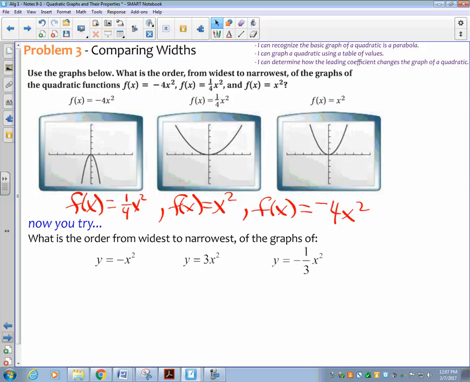All right, so we're going to take a look at these guys and order them from widest to narrowest. So Rob, who do you think is the fattest of all these three guys? Y equals negative 1/3 x squared. This guy. He gets to be first.